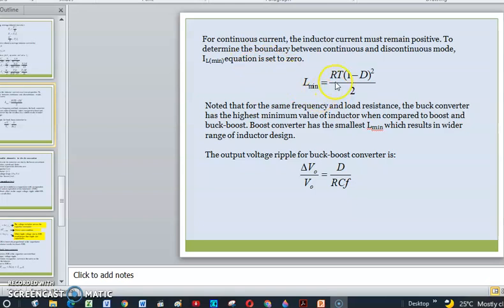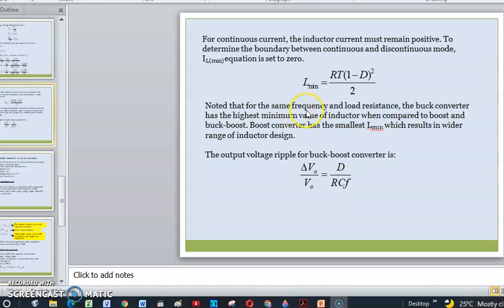So we set IL min at 0, and we can get the minimum value of inductor for the boundary between continuous and discontinuous mode.